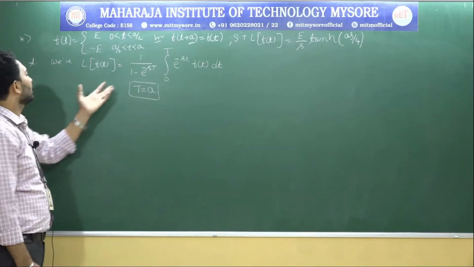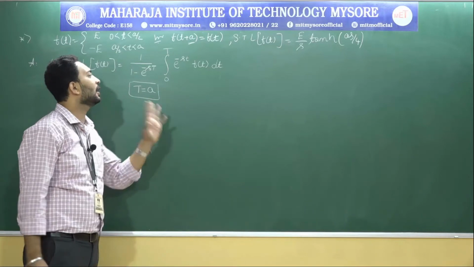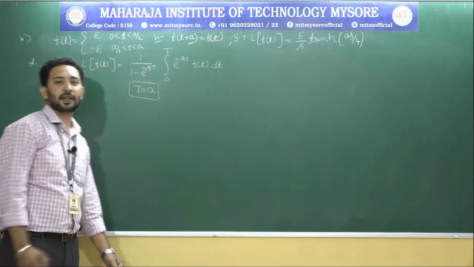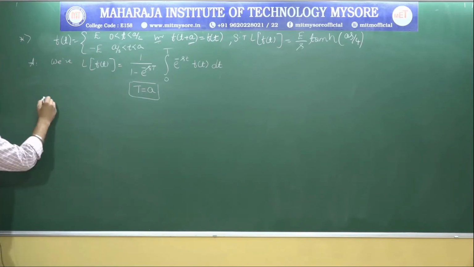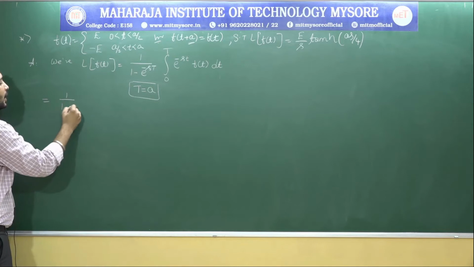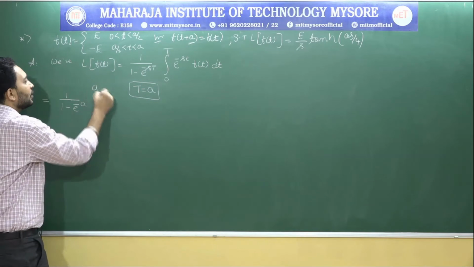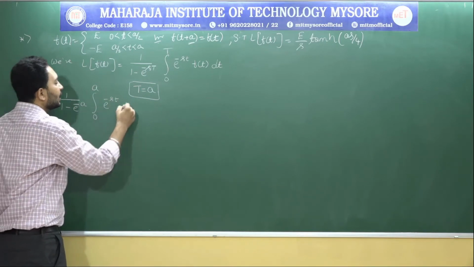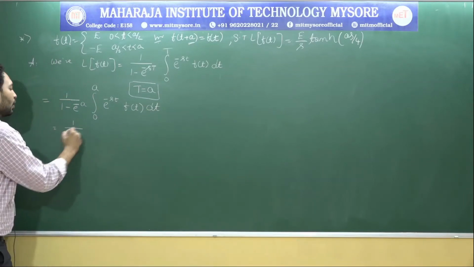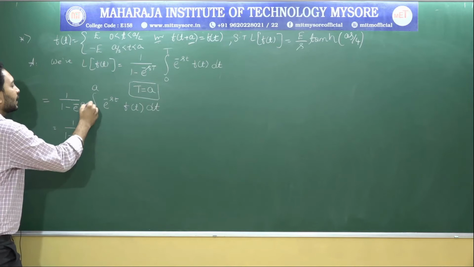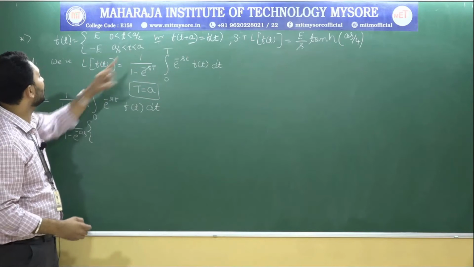So we already know the formula, that is Laplace of f of t equals 1 over 1 minus e power minus sT, integral 0 to T of e power minus st into f of t into dt. So capital T equals a. Now 1 over 1 minus e power minus s into capital T, it is a, integral from 0 to a e power minus st into f of t into dt. For this we have 1 over 1 minus e power minus as into 0 to a means we have 0 to a by 2 and a by 2 to a.